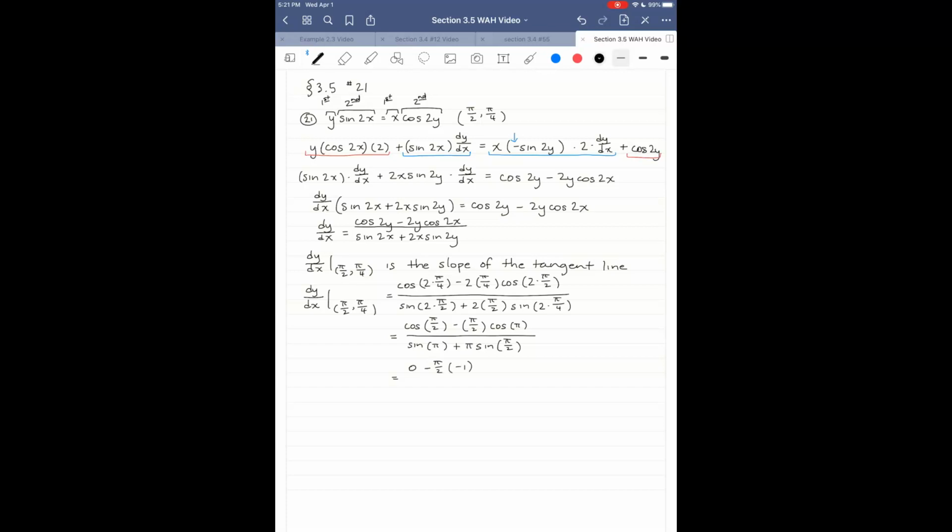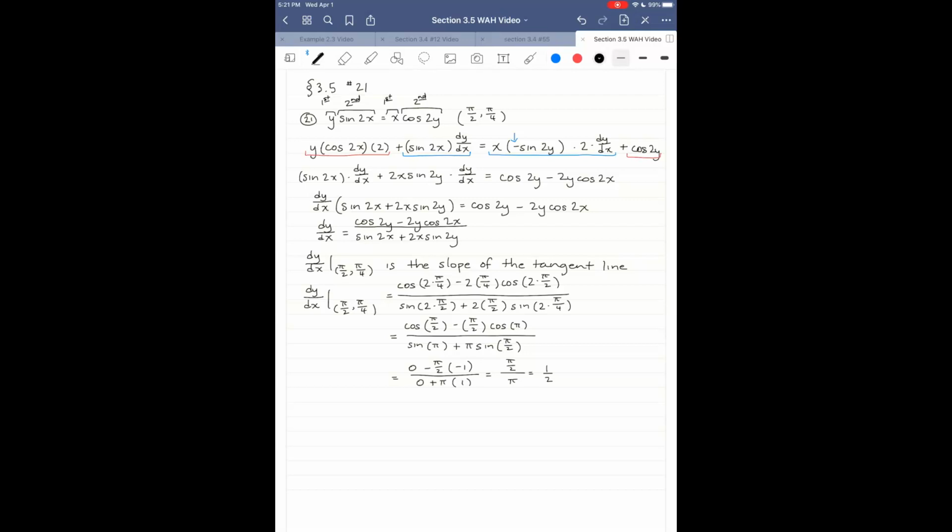Okay, so what do I have here? The cosine of pi over 2 is 0, minus pi over 2 times the cosine of pi, which is negative 1, divided by the sine of pi, which is 0, plus pi times the sine of pi over 2, which is 1.